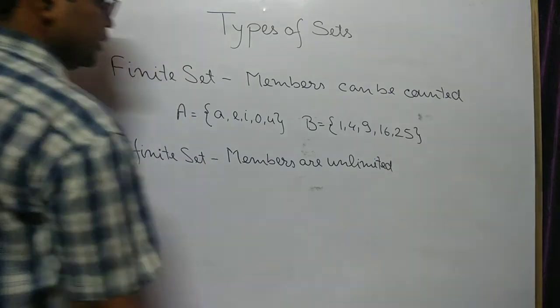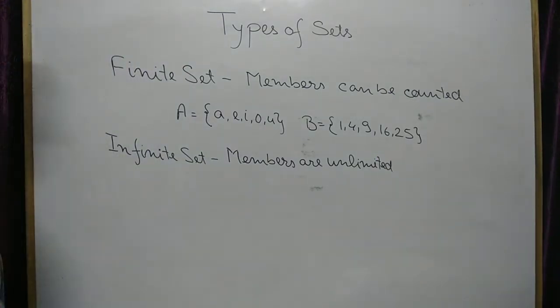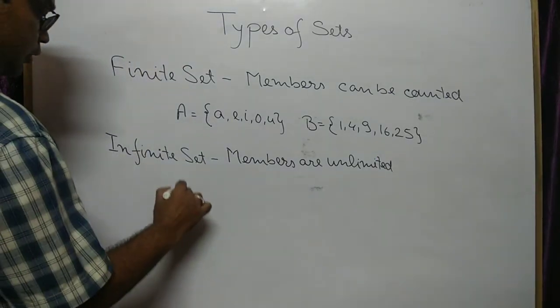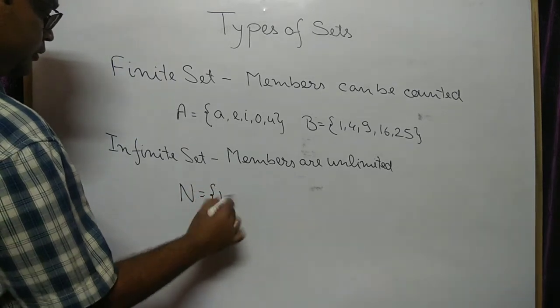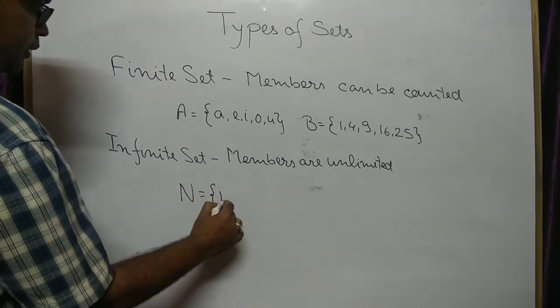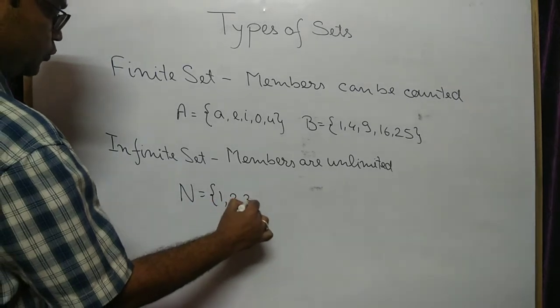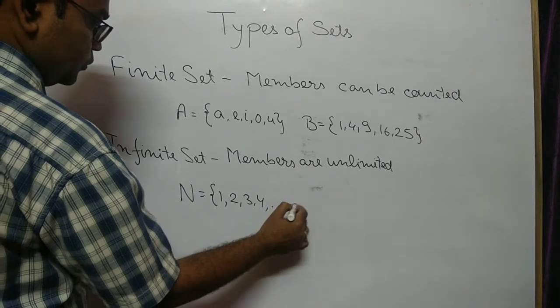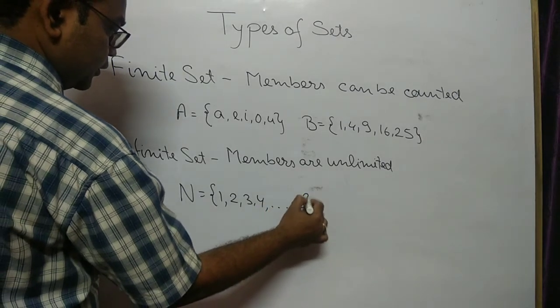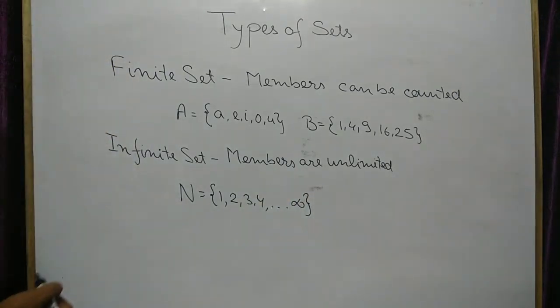Best example, the set of natural numbers. As we know, the lowest natural number is 1. So 1, 2, 3, 4, and this list continues up to infinity. So this is your infinite set.